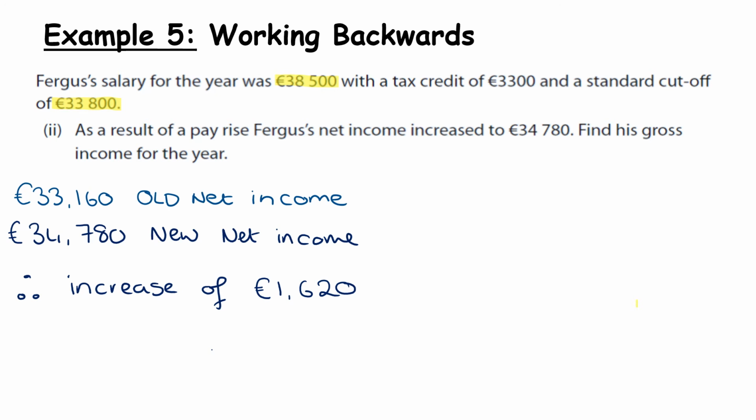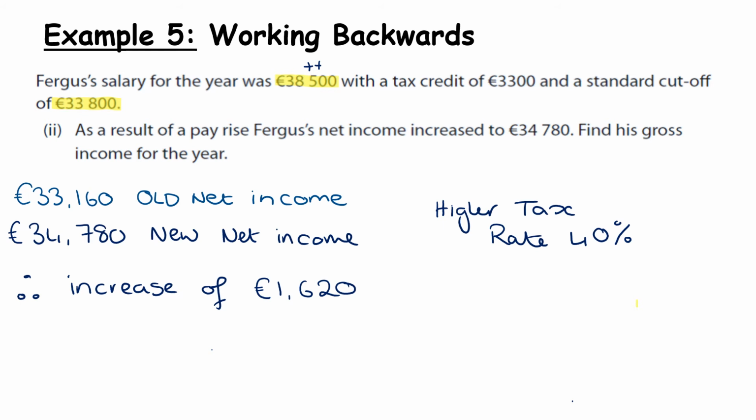Now, if he got even more money, okay, so there was a pay rise, so he's getting even more money than this 38,500. So he's getting extra money here. That extra money will have to be taxed at the higher tax rate. And the higher tax rate, which actually is not given because it was given in part I, was 40%.